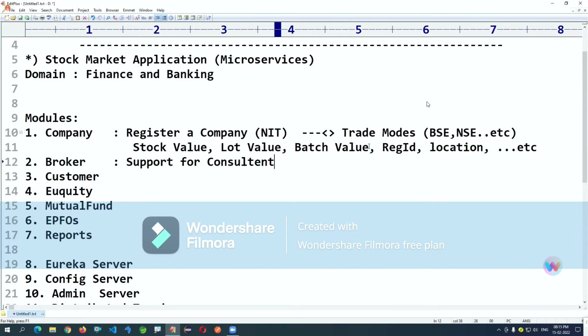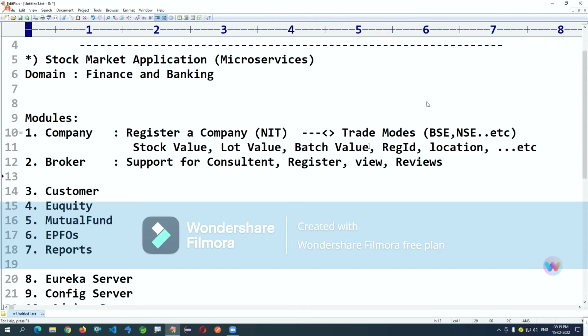They explain the details here. We have to register the broker. There will also be review modules, where they give reviews about the stocks.